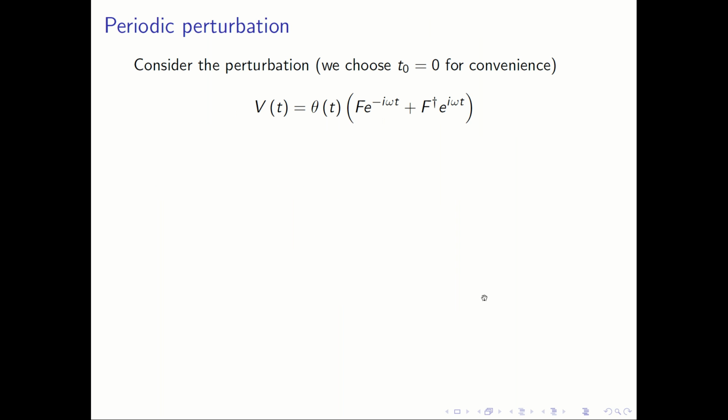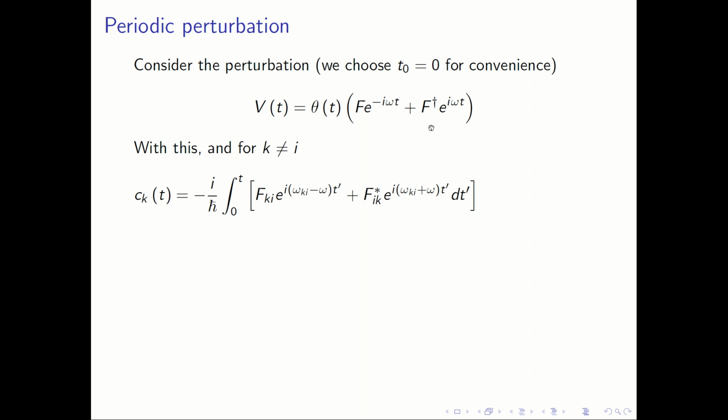Well, since V is this, V_ki will be F_ki e to the minus i omega t. Remember, the integral is going to be from t0 to t, that means in this case from 0 to t, so all positive t, so theta t is going to be 1, so we don't have to worry about the theta t factor. This is going to be F_ki, this is going to be F dagger_ki, and F dagger_ki, let me remind you, is F_ik's conjugate.